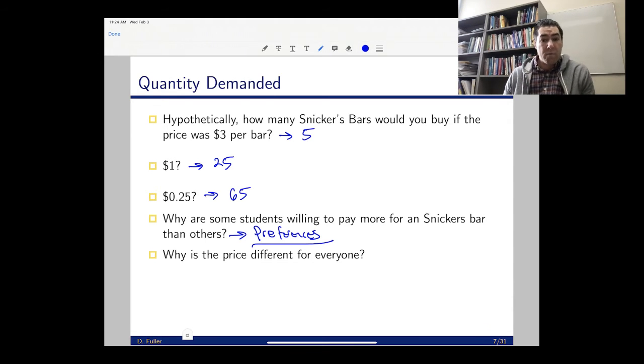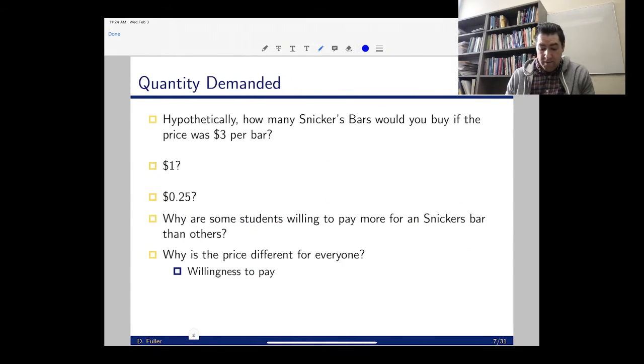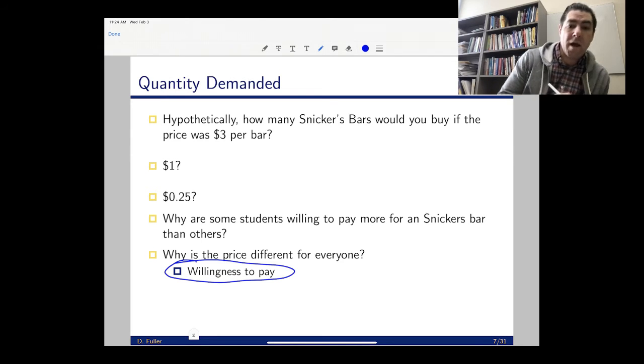That's very important for how much of something I'm willing to buy. So one of the key ideas here is that my willingness to pay is the key determinant of demand.